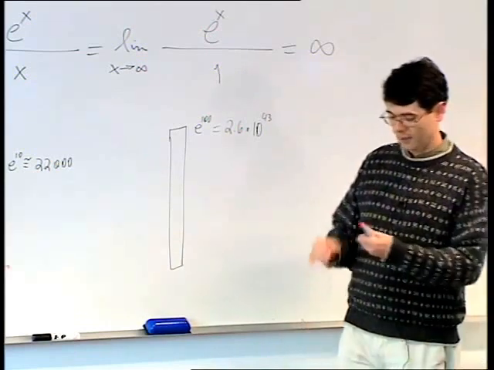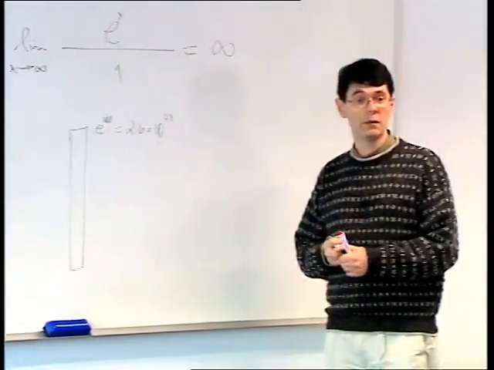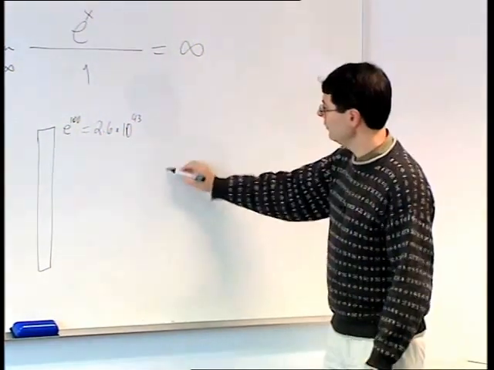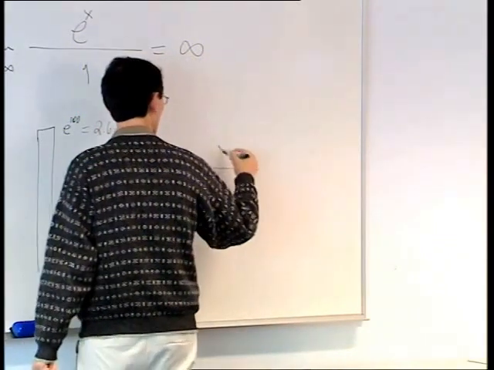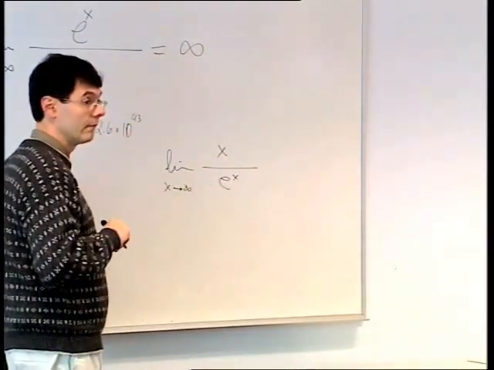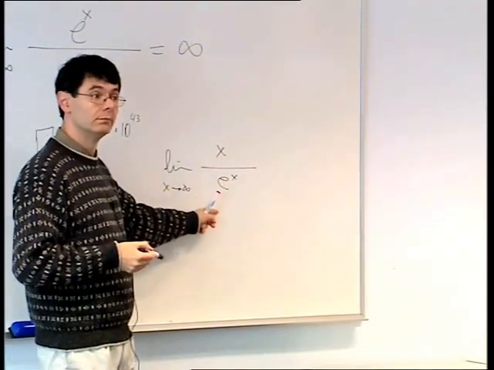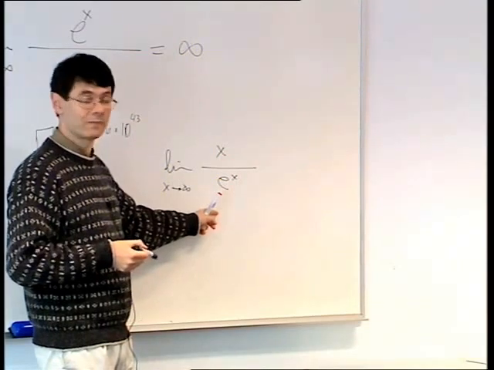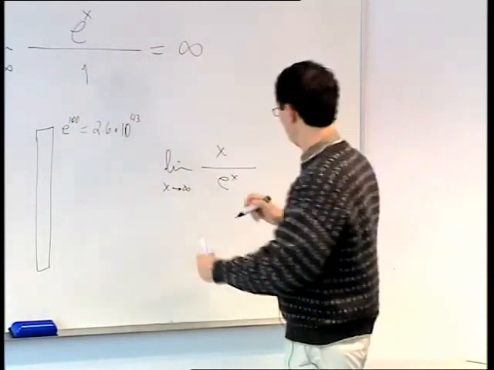His question is, if it were the other way around, would it be 0? Yeah, if you do the limit when x goes to infinity of x divided by e to the x, it's still an infinity divided by infinity. Use L'Hopital, which is exactly what you did there.